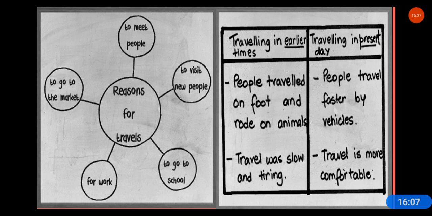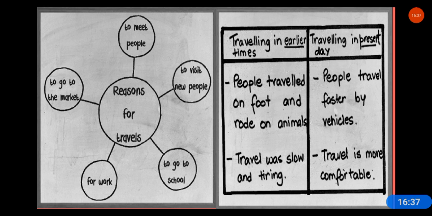People travel to go to the market, to meet people, to visit new places, to go to school, for work, to attend family functions, to attend marriage functions, and to visit sick people. These are the reasons that people travel.